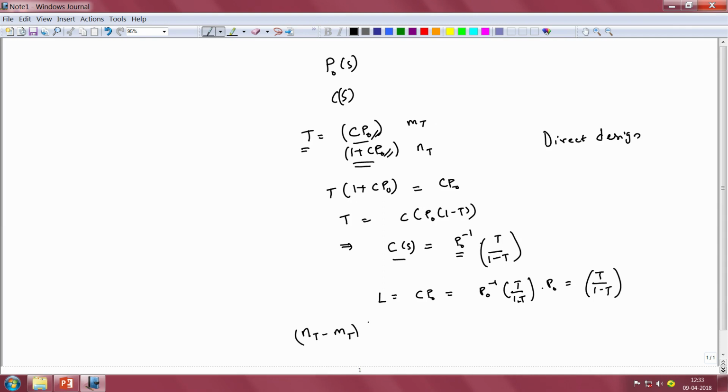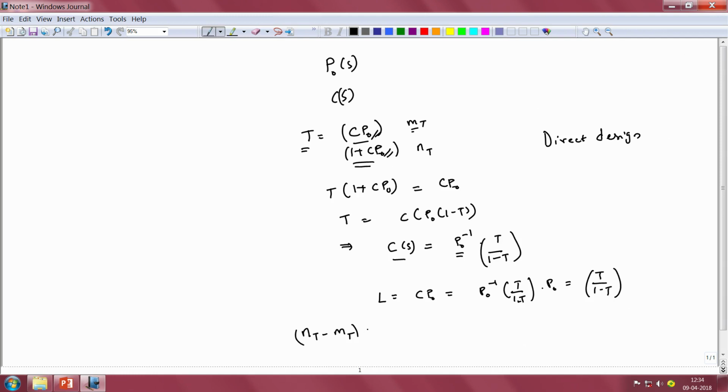And we see that the degree of the numerator polynomial of T is essentially the sum of the degrees of the numerator polynomial of C and the degree of the numerator polynomial of P naught. Likewise, the degree of the denominator polynomial of T is going to be equal to the sum of the degree of the denominator polynomial of C and the degree of the denominator polynomial of P naught.